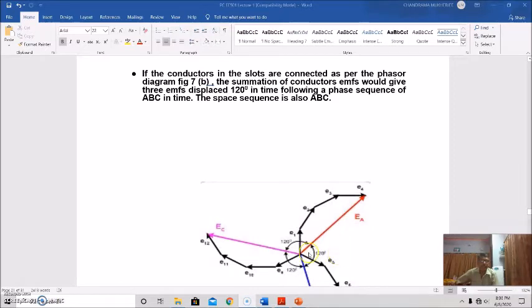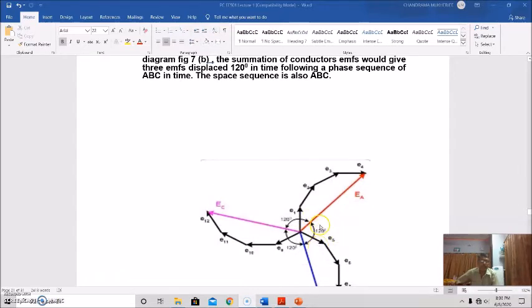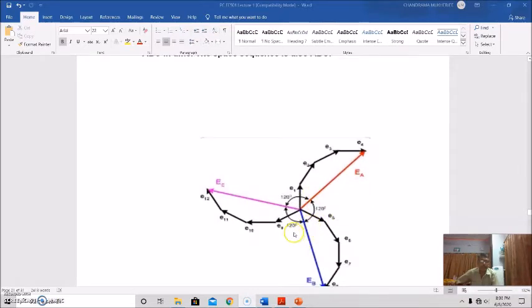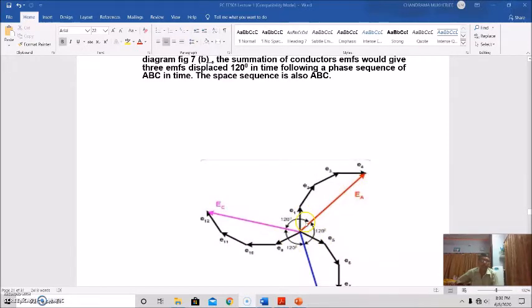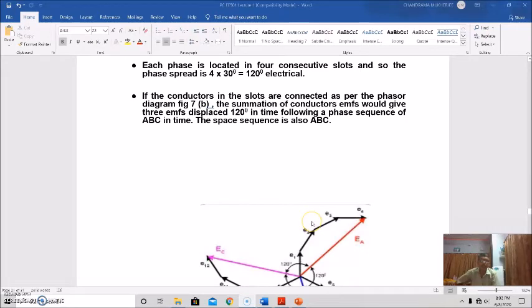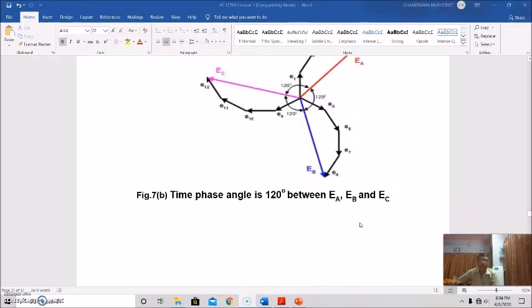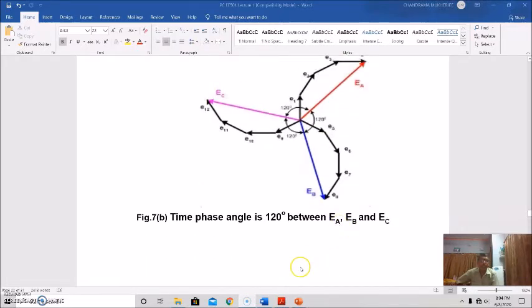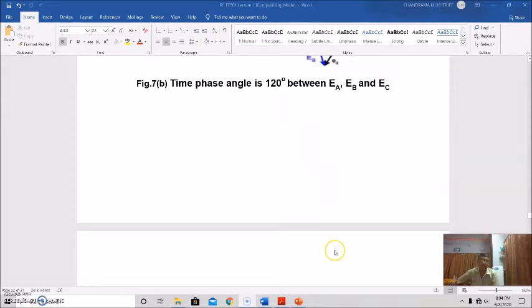And you see, this phase difference is 120 degrees, this is 120, this is 120 degrees. So this is the total EMF of this one phase group, 4 conductors. The time phase angle between EA, EB and EC is 120 degrees from each other.